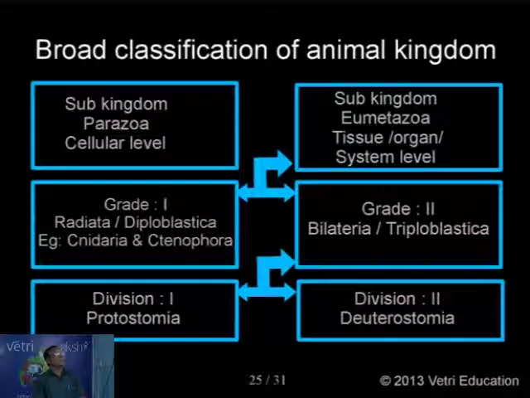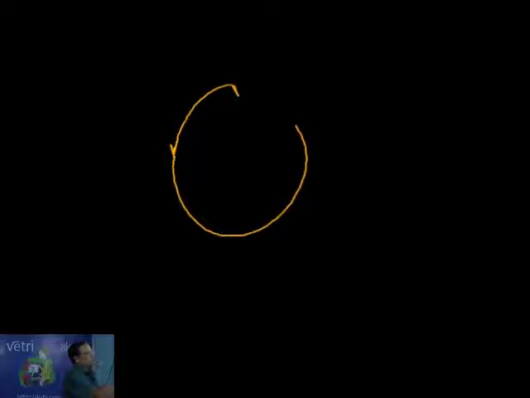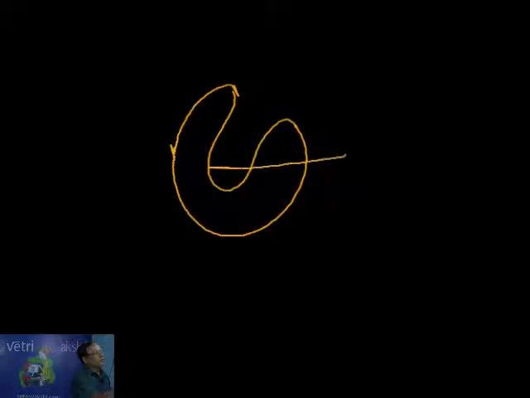During embryonic development, if we take the embryo from the zygote, we have the blastula stage. Then the next stage we have is the gastrula. This is the gastrula stage. Now this gastrula contains a body cavity.